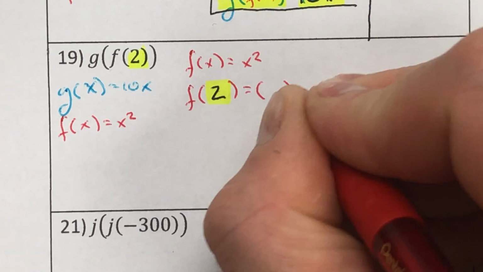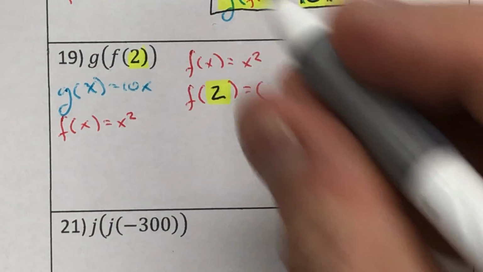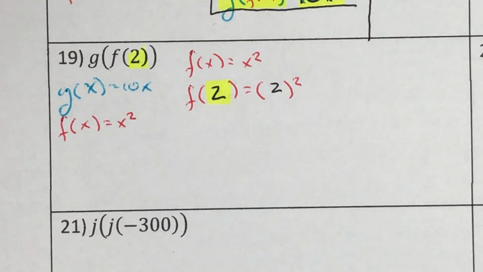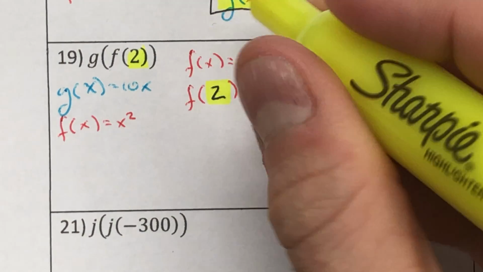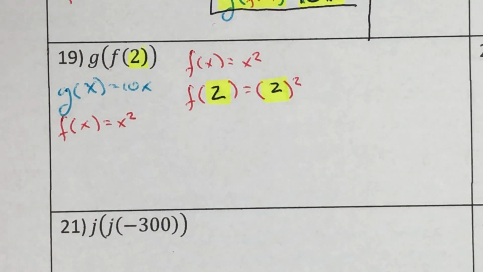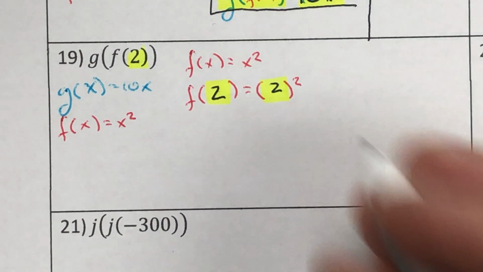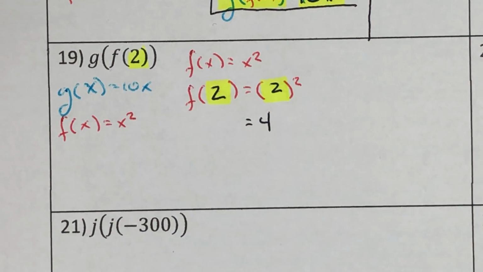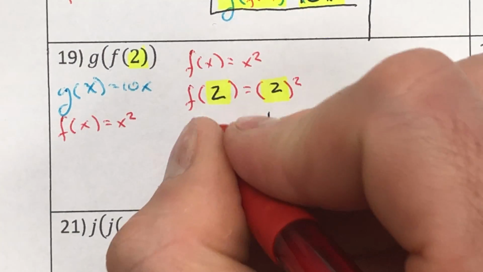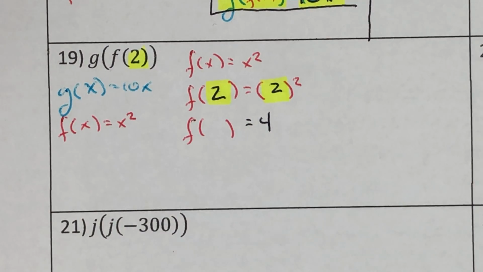So it equals that number squared. So I'm squaring my 2. Cool. So if I say 2 squared, that gives me a 4. So f of 2 is the equivalent of 4.